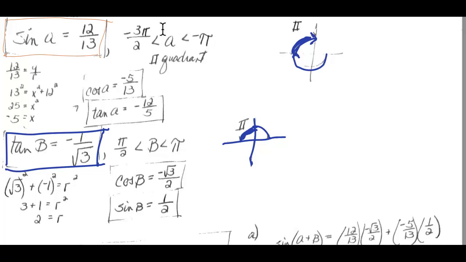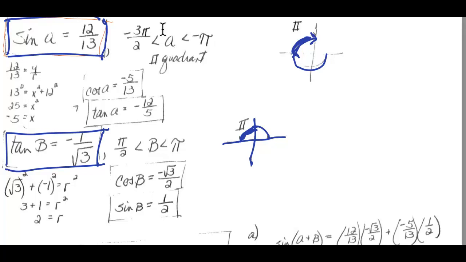Now, if I'm given the sine of alpha, 12/13, I need to go back and find the cosine and the tangent of alpha. I'm just using the relationship that sine is y divided by r.